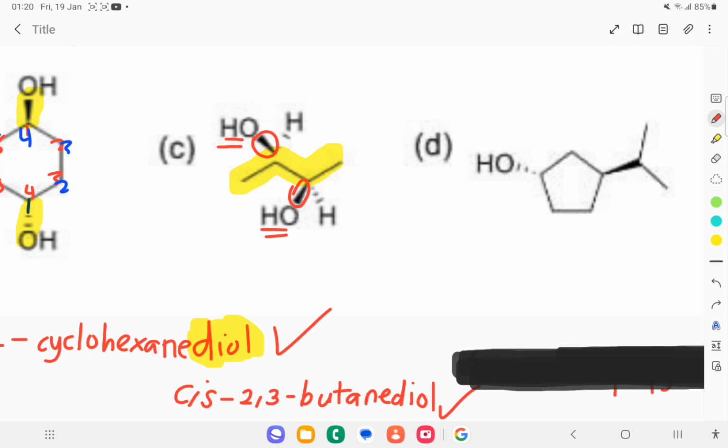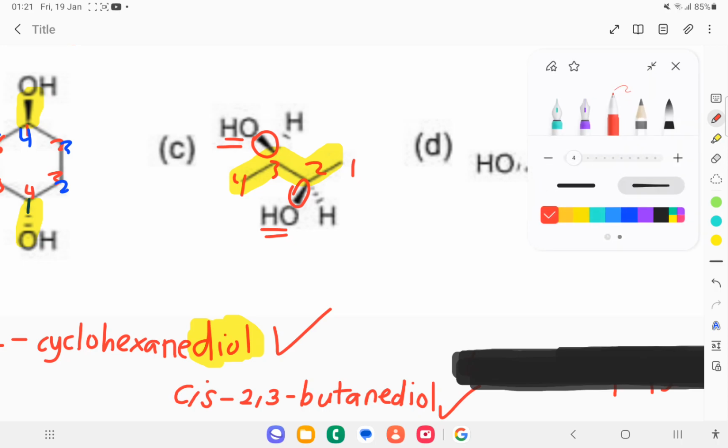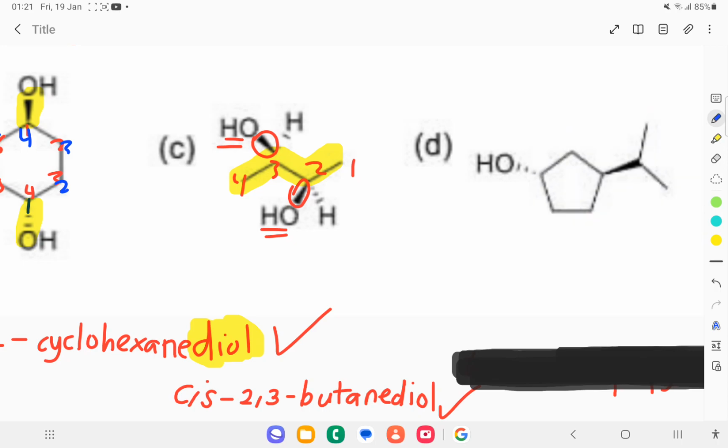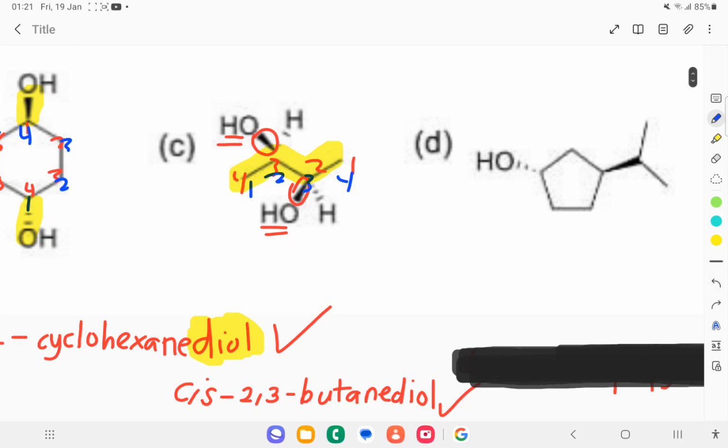So if you start from the right hand side to the left hand side, this is the first, second, third, and fourth carbon. And if you start from the left hand side to the right hand side, this is first, second, third, and fourth, you will get the same name, also cis-2,3-butanediol, because this alcohol is symmetric.